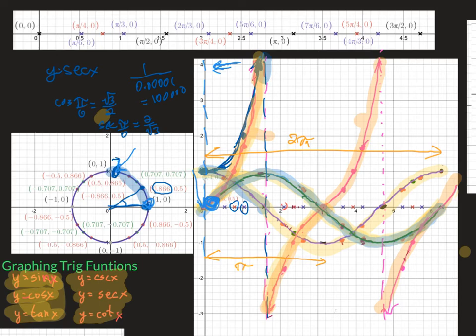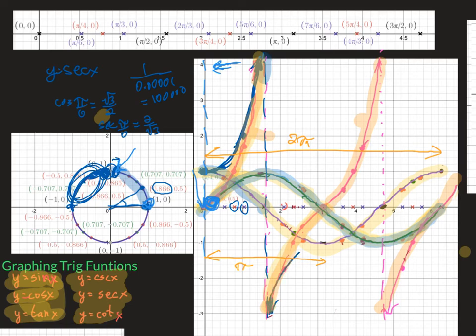All right, what happens on the other side of pi by 2? When you're beyond pi by 2, now cosine is in the negatives, which means secant has to be in the negatives. Cosine is going to start off very small, negative a little bit, and it's going to go all the way to negative 1. So that means secant is going to start off very large in the negatives.